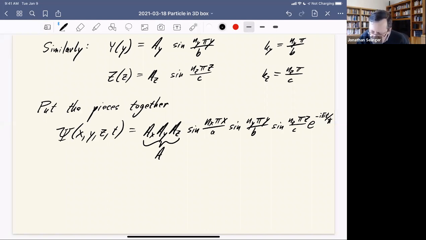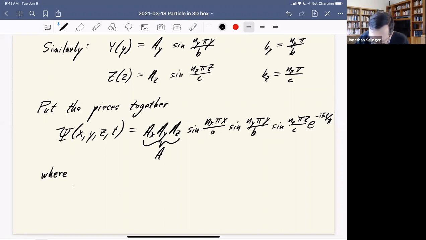Okay, so this now is a solution of Schrodinger's equation in the box. And so it satisfies Schrodinger's equation and it satisfies the boundary conditions on the box. And this works provided that we have the right relationship between E and Kx, Ky, Kz.